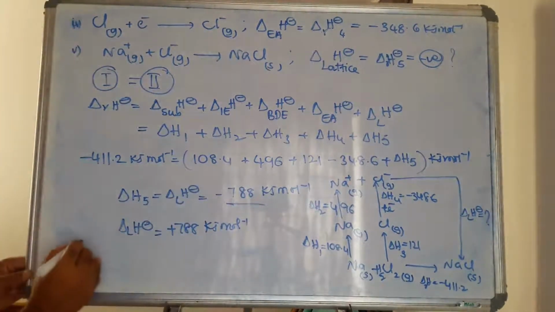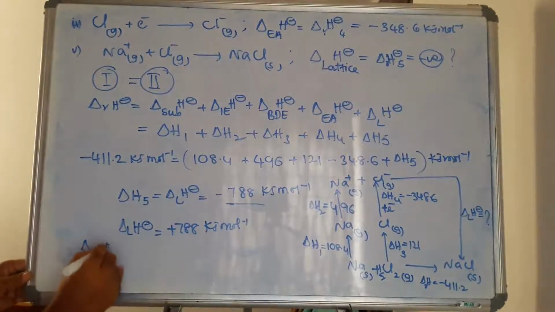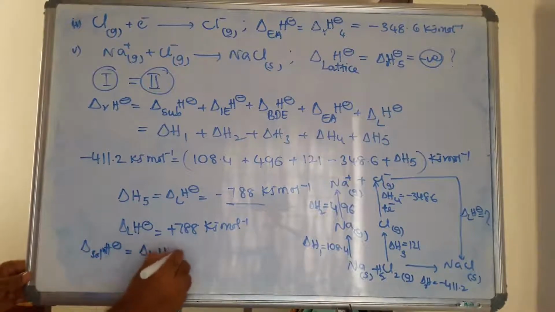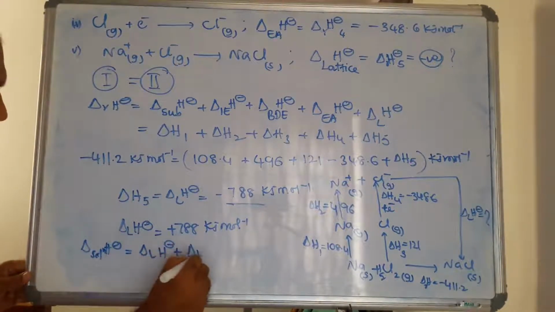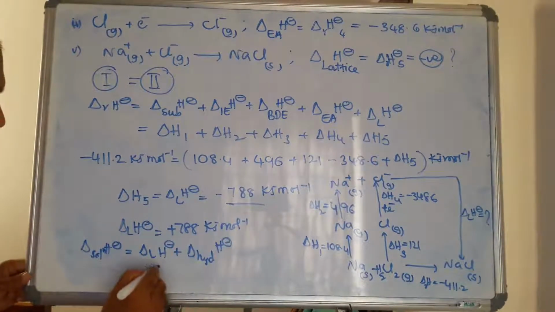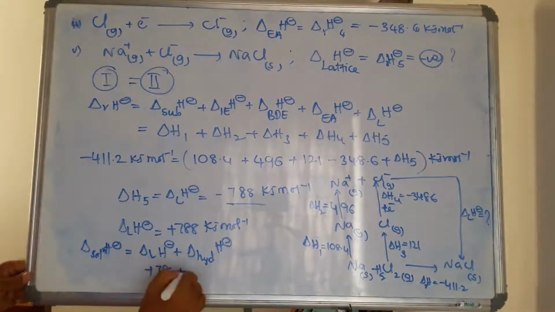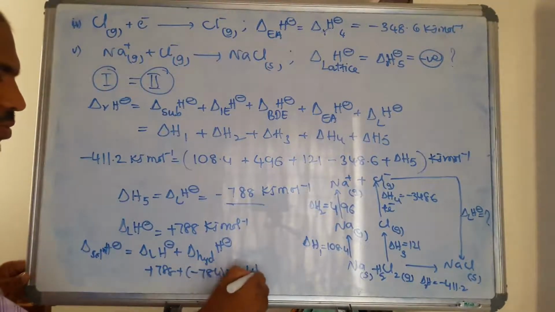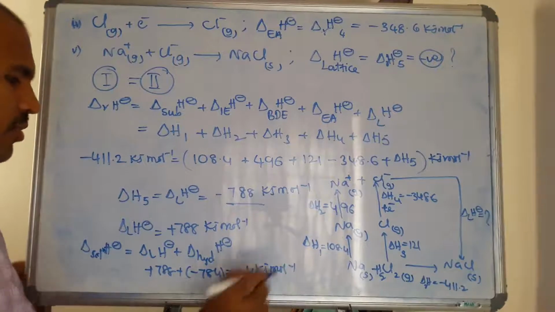Now the enthalpy of solution, if you compare here, is the lattice enthalpy and the hydration enthalpy. This total value is 788 and this hydration enthalpy is minus 784. Then this is equal to plus 4 kilojoule mole inverse.